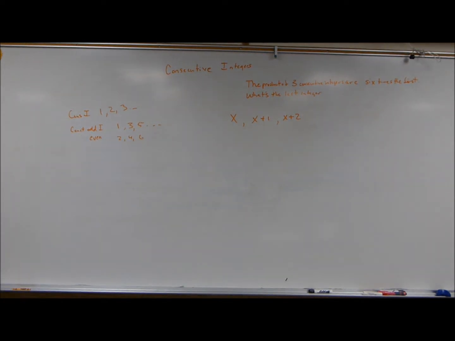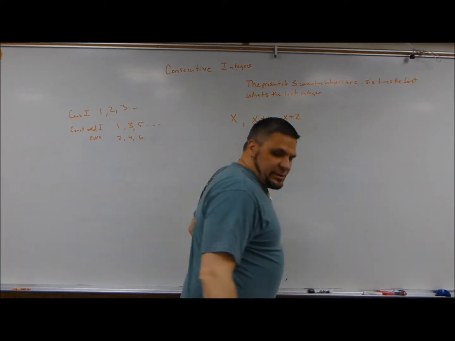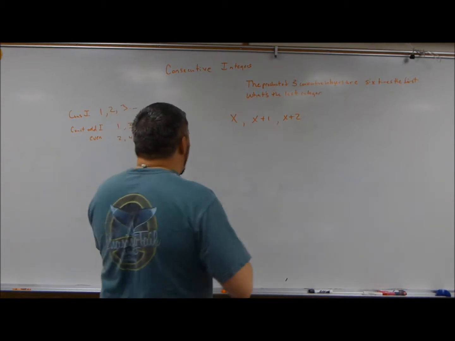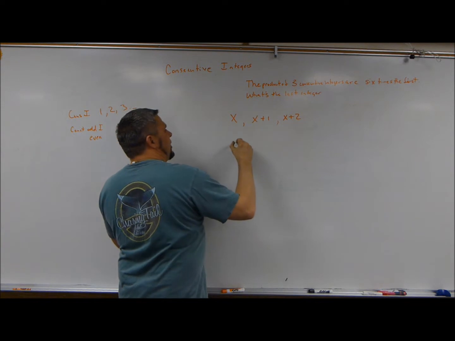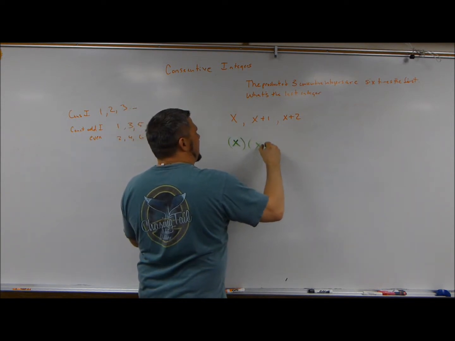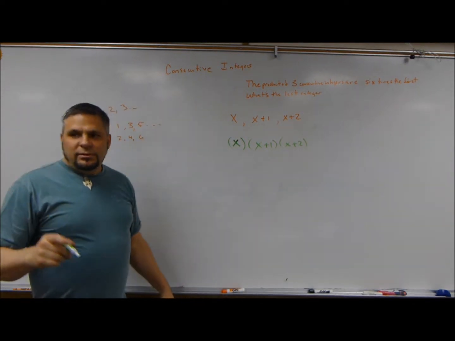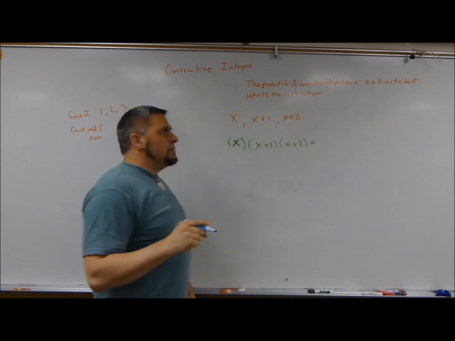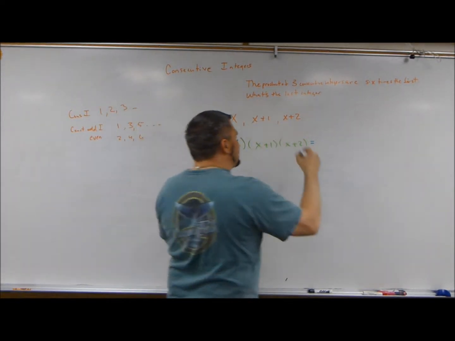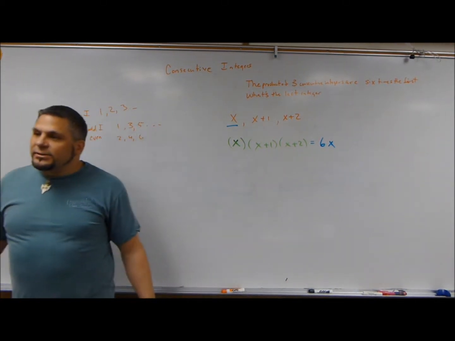The problem says the product is 6 times the first. So the product of these 3 equals 6x. I'm saying x times x plus 1 times x plus 2 is equal to 6 times the first, which is 6x.